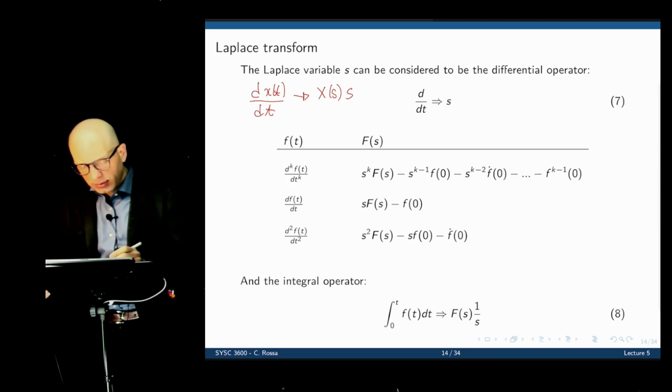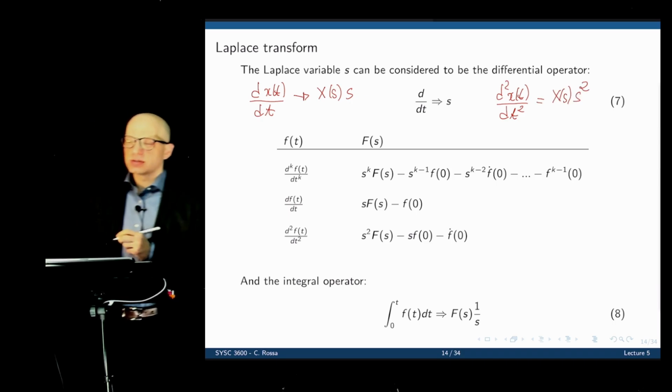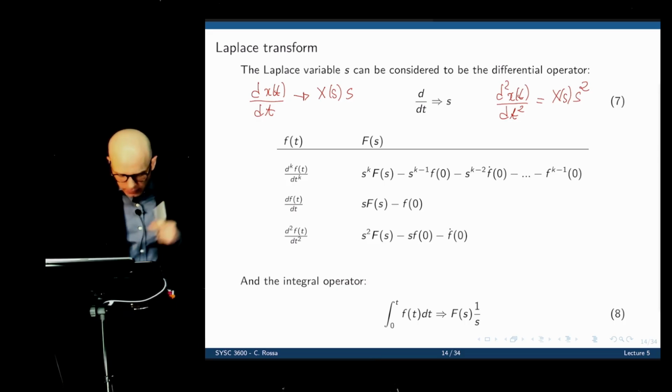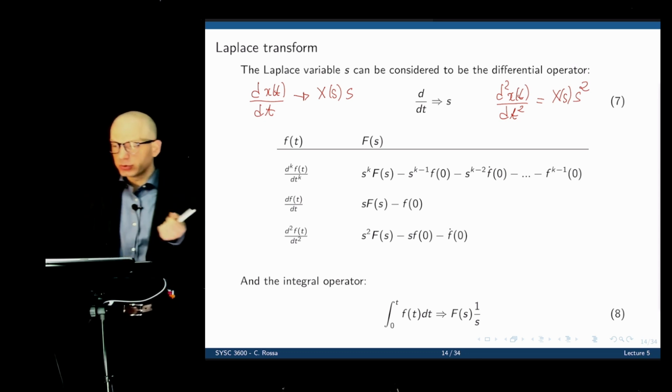If you're dealing with the second derivative, then we have x of s times s for the first derivative, times another s for the second derivative. Every time you multiply the function by s, that corresponds to the derivative with respect to time.